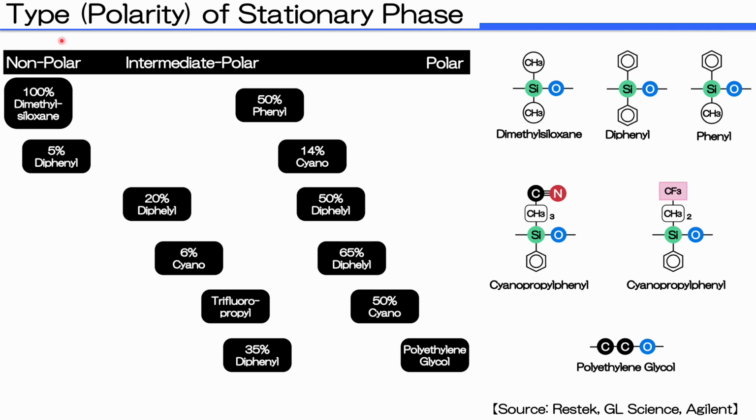This section describes the types of stationary phase, in other words, polarity. Stationary phase polarity can be classified as non-polar, intermediate polar, and polar. The chemical functional groups that make up the general stationary phase are shown on the right side.